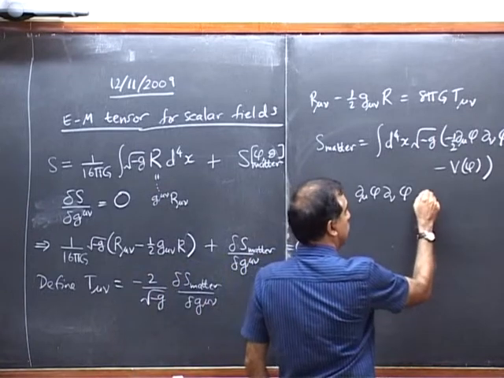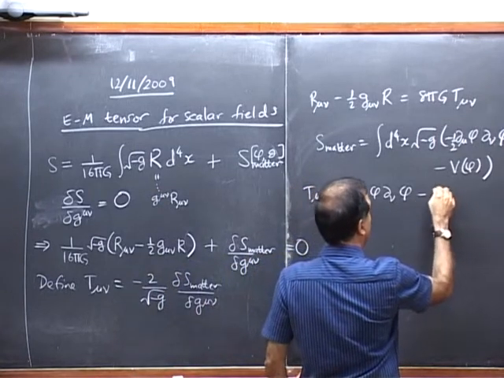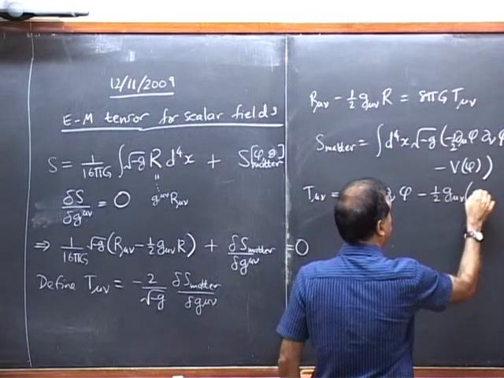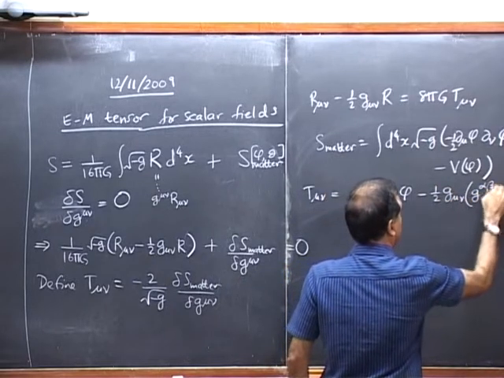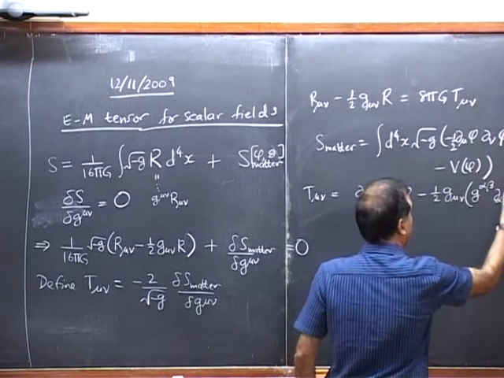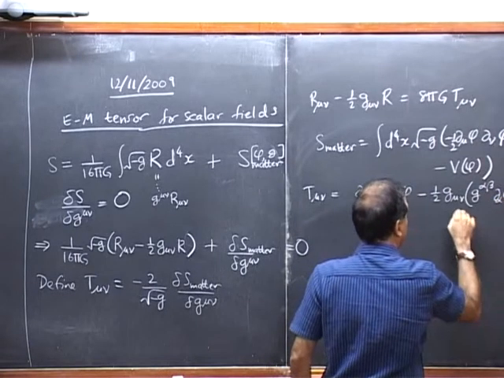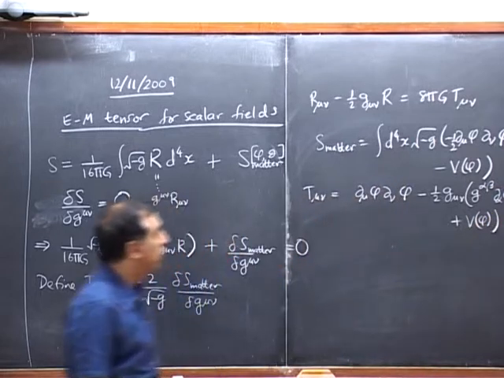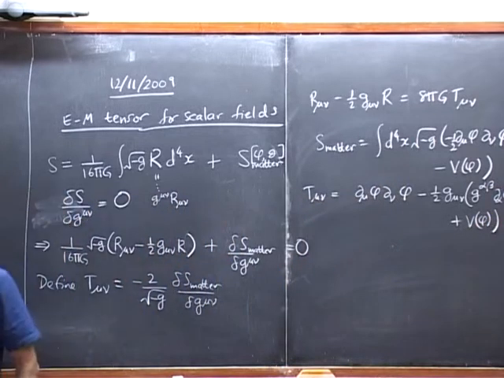And so I have this as the first term, and then the rest of it is minus a half g mu nu, g alpha beta del alpha phi del beta phi plus V of phi. So this is T for a scalar field. This much should not surprise you.